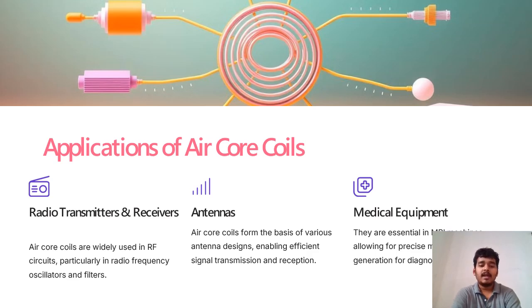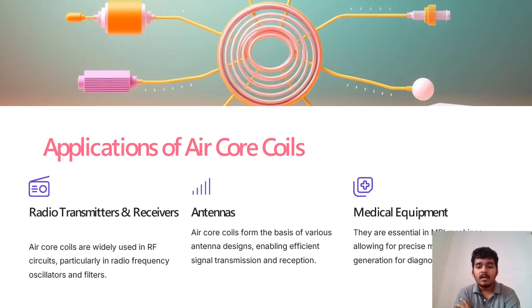Radio transmitter and receiver: air core coils are widely used in RF circuits, particularly in radio frequency oscillators and filters. Yes, radio frequency oscillators and filters. These are widely used in RF circuits, meaning radio transmitters and radio frequency circuits. Oscillators and filters also use air core coils.